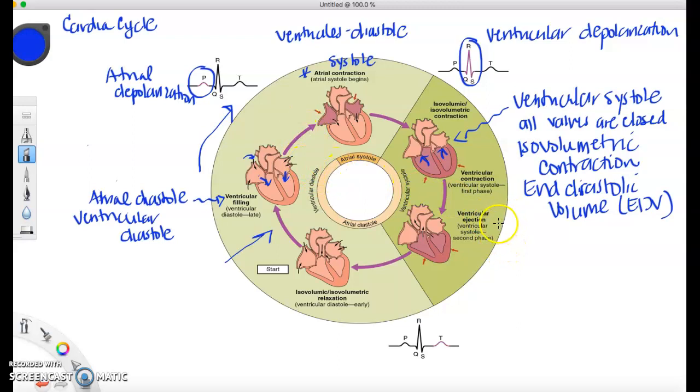All right, so then we're having systole and we have ventricular ejection, which is where, of course, the blood then heads into the aorta or the pulmonary trunk. So this is the full ventricular contraction.